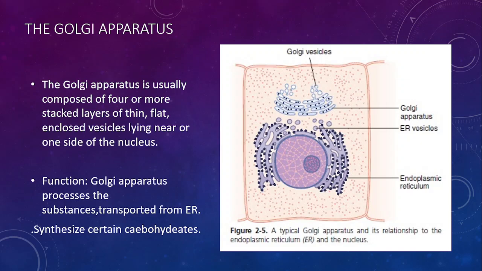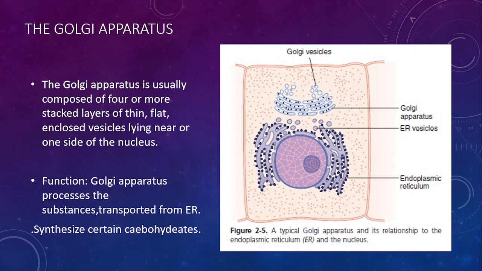So in a nutshell, if we summarize the functions of Golgi apparatus, it is synthesis of protein, packaging of protein, processing of protein, and delivering of protein. I'm sorry, synthesis of protein is not a function of Golgi apparatus, it's a slip of tongue. So in one sentence, the function of Golgi apparatus is packaging, processing and delivering protein.